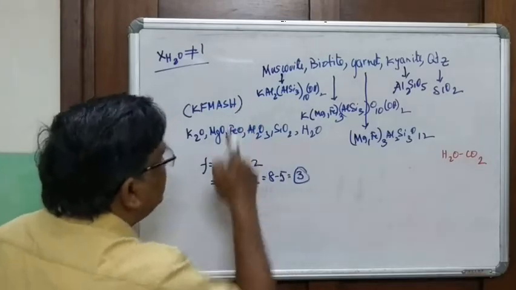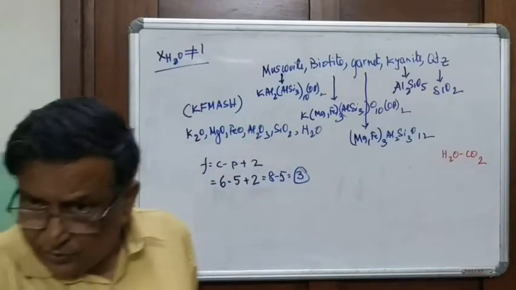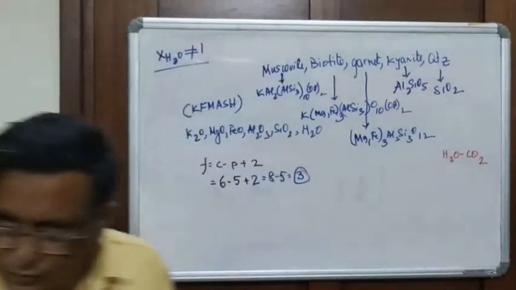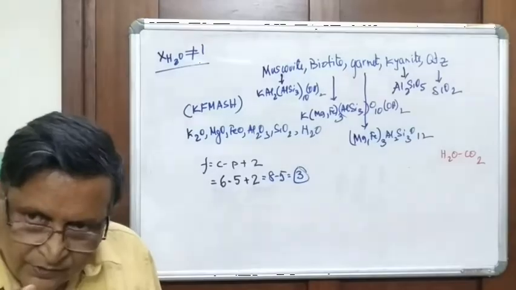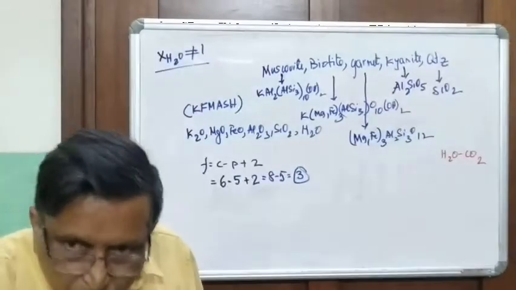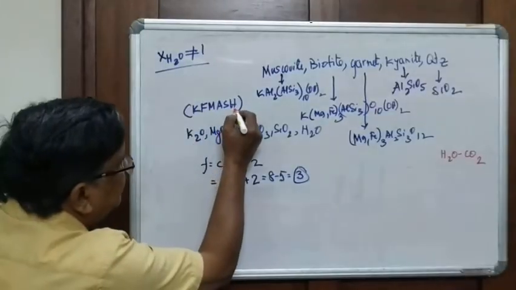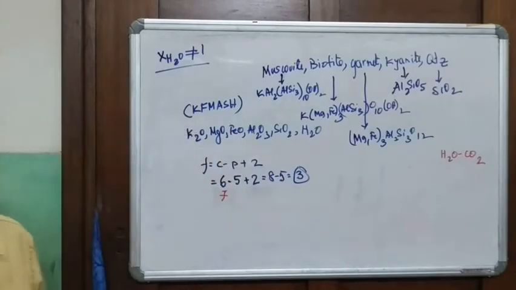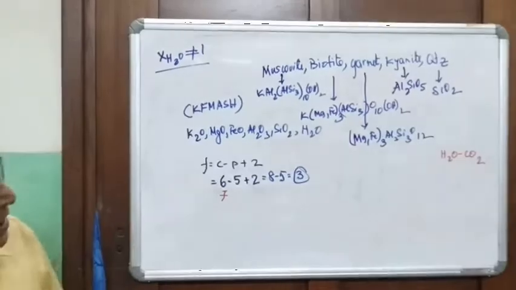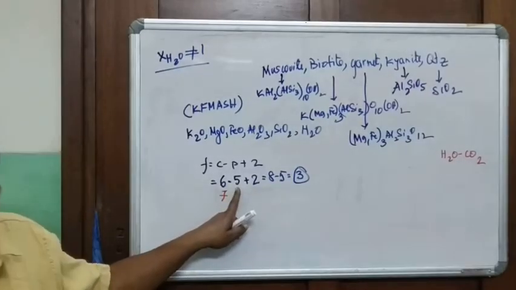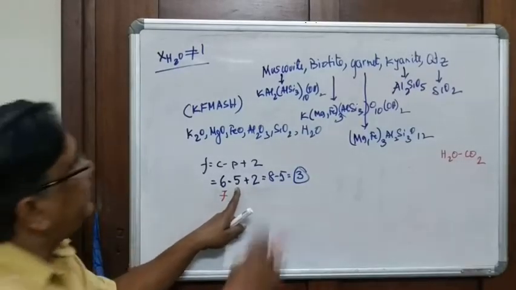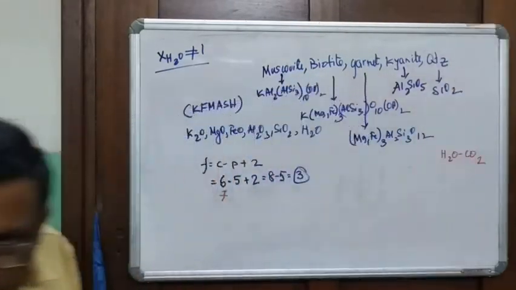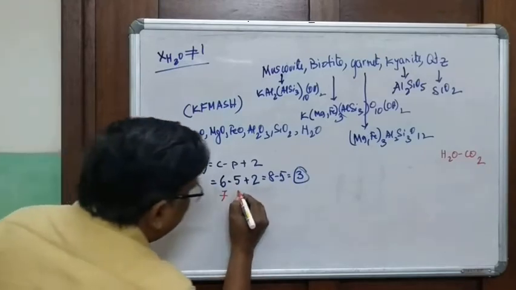Your system component would have added CO2. Yes or no? Because I am saying that my fluid has H2O and CO2. So for your system components, you have to add one more here. So this would have been 7 plus CO2. And your phases would have been muscovite, biotite, garnet, kyanite, quartz, H2O, and fluid. 6.